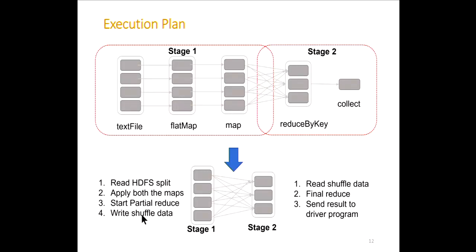So it's going to write it in the memory. So I'm going to persist it. And then stage 2 reads this data that's persisted in memory, does the final reduce, and then provides the output as the result for the driver.